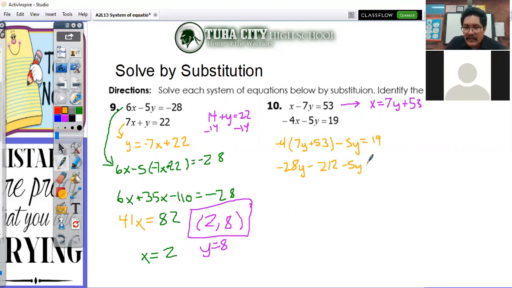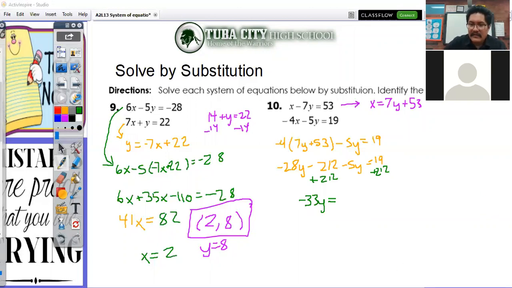Minus 5y equals 19. And let's go ahead and put some of these things together. So here I have -28 and -5 would be -33y. And I'm going to have to add 212 to both sides, so plus 212.